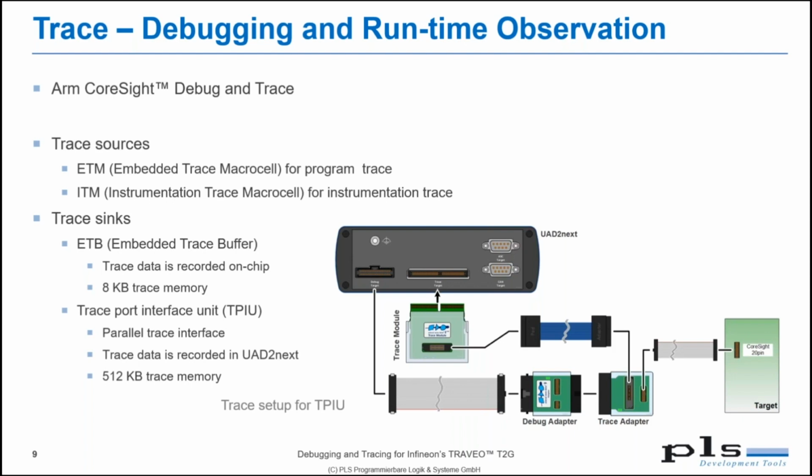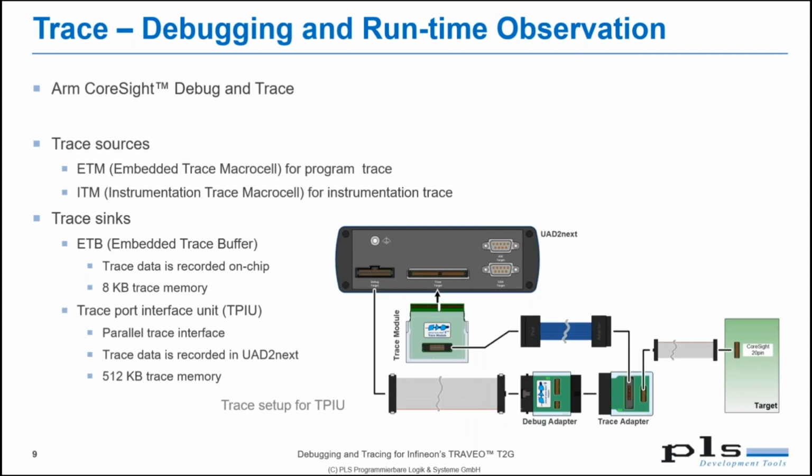This provides, especially for the TRAVEO II, an ARM Embedded Trace Macrocell that allows you to do program trace. It's called ETM. And we also have an Instrumentation Trace Macrocell, ITM, for instrumentation trace. The instrumentation trace is somewhat similar to printf debugging.